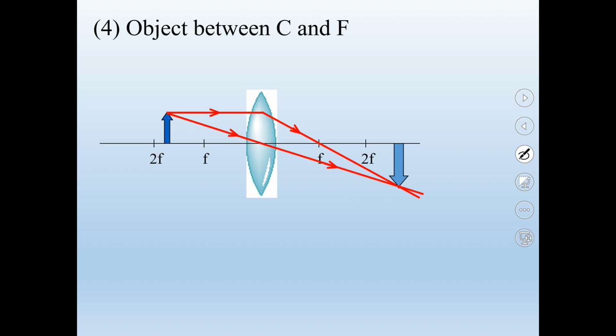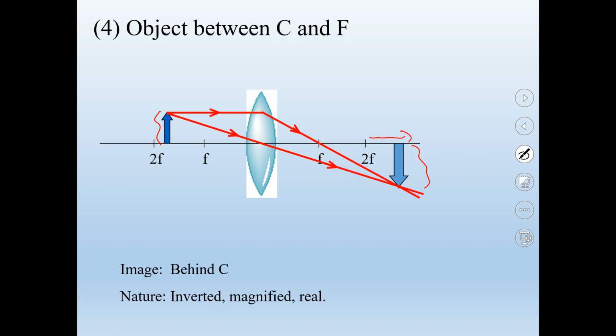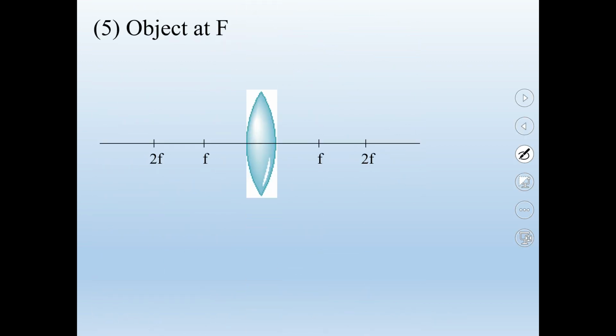Look at this, comparing the size of the image and the size of the object. First, the image is behind the center point, and the image is inverted but magnified, meaning larger and bigger than the object. And the image is real.